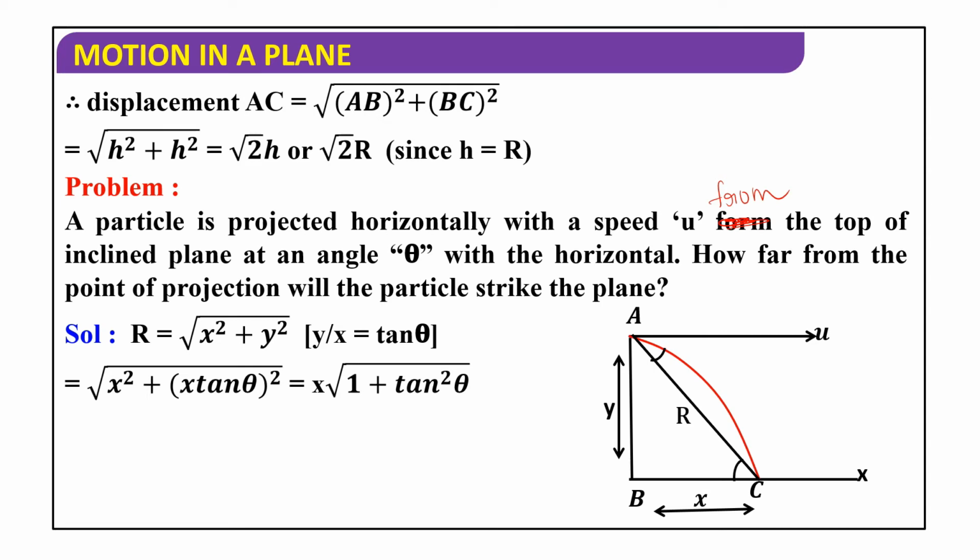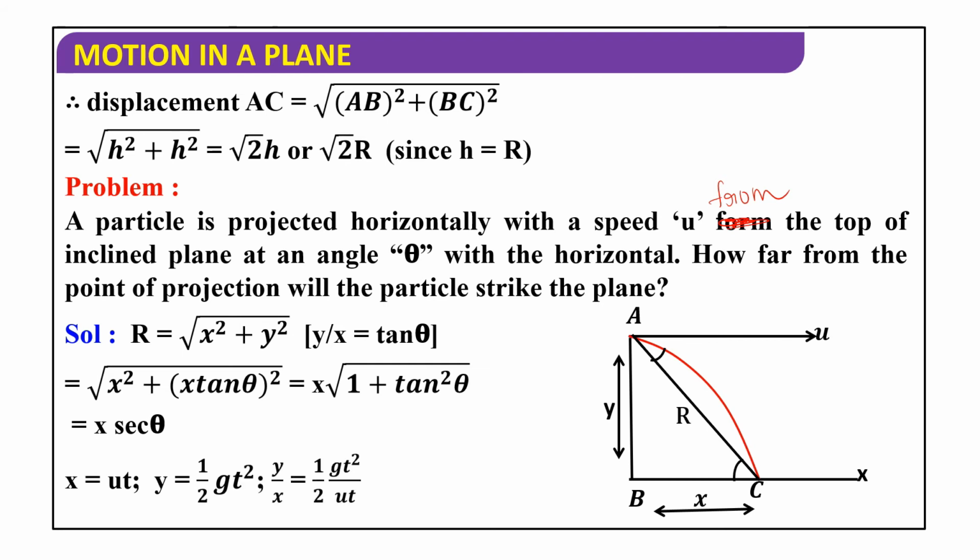Taking x outside, x root of 1 plus tan square theta. So 1 plus tan square theta is sec square theta, so that is equal to x secant theta. Maximum horizontal distance r is equal to x sec theta.